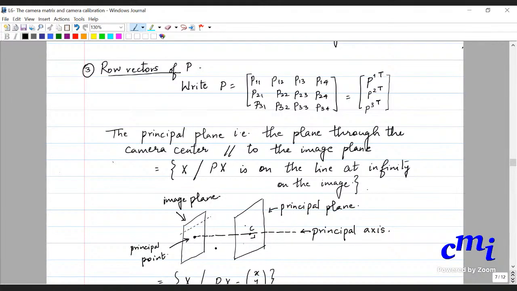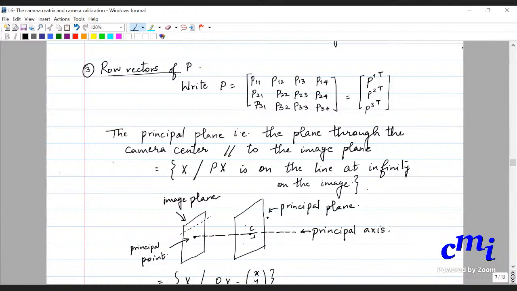Now, when you take a picture with a camera, what points in the world space are going to be imaged on the image plane? The world points consist of all points around the camera, correct?